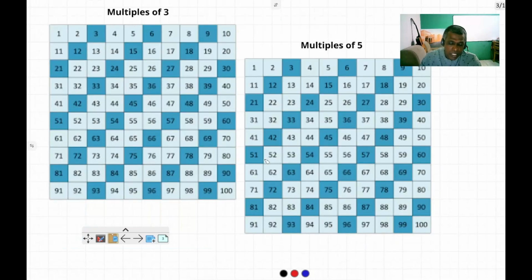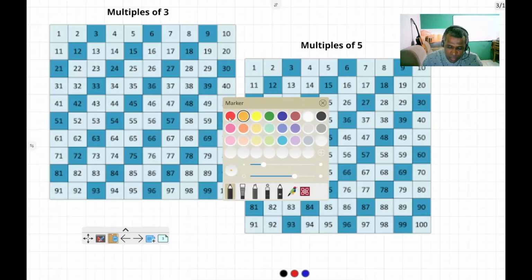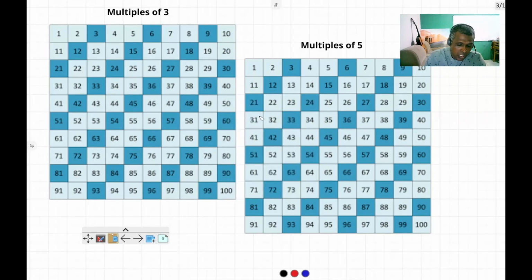Next, we can mark the multiples on a grid. For example, if I want to mark the multiples of 3, I start with first, it's 3. Next is 6. Next is 9. This is the 3 table.